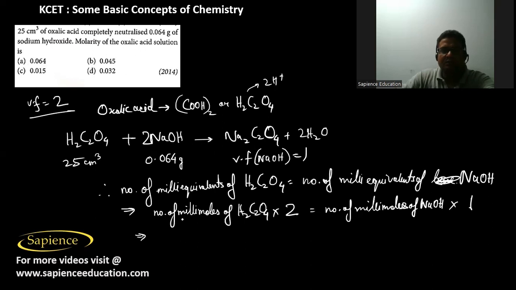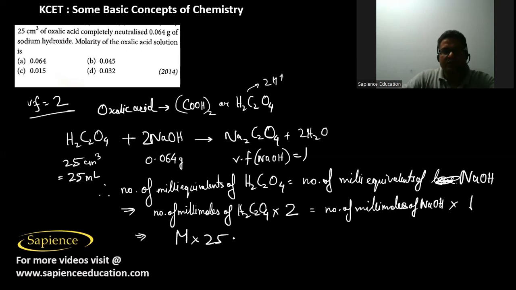Now the number of millimoles of H2C2O4 is equal to the molarity of H2C2O4, which you have to find out, times the volume of the oxalic acid in milliliter or in centimeter cube. As you know, 1 centimeter cube is 1 ml, so it is 25 ml.